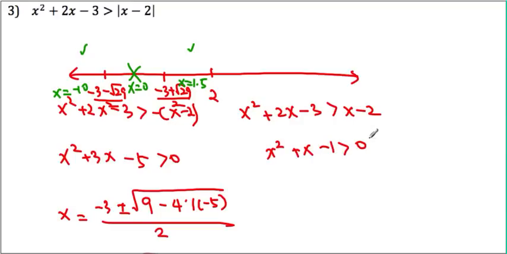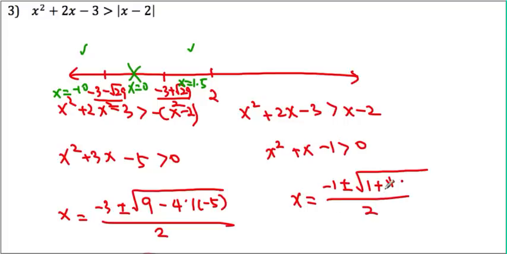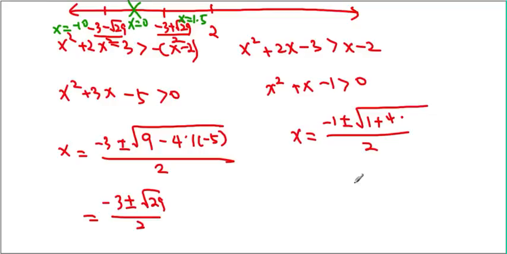Then x will be equal to negative 1 plus or minus square root of 1 squared, which is 1, minus 4 times a times c, which is negative 1, so we're going to have plus 4, all over 2. Then we're going to have negative 1 plus or minus square root of 5 over 2. It looks like a golden ratio a little bit.